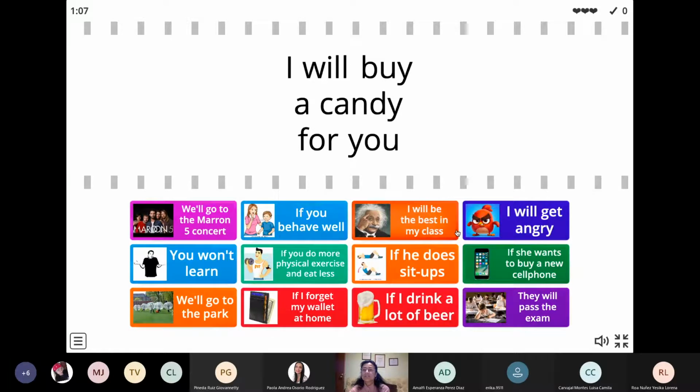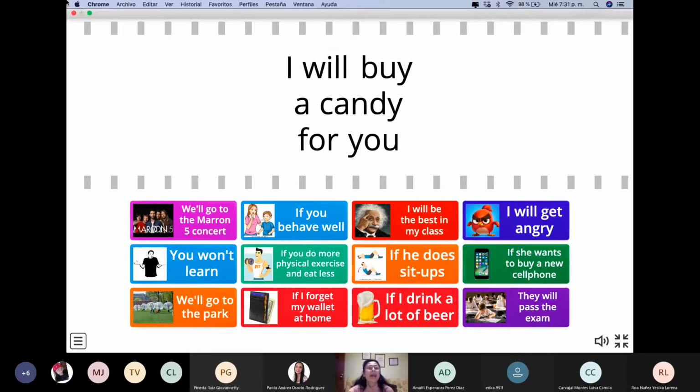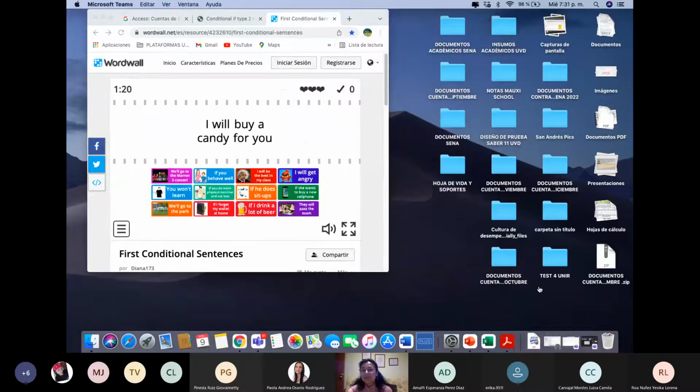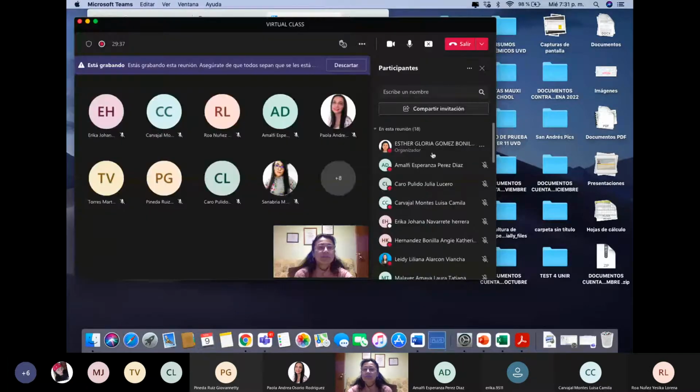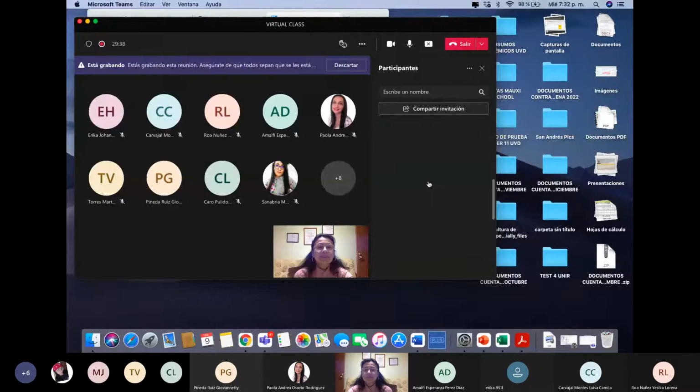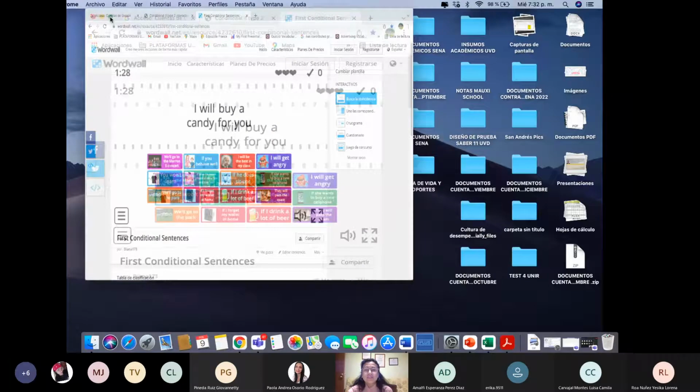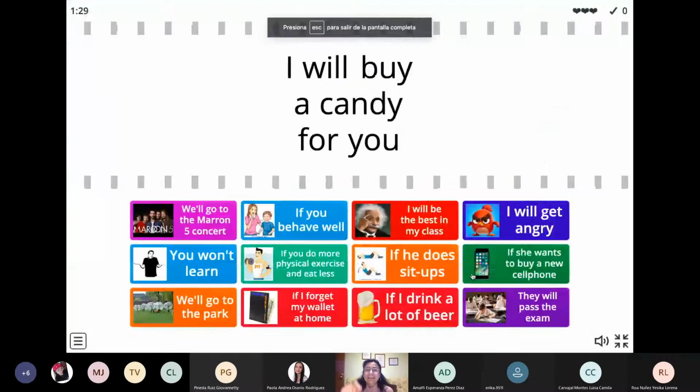Remember that you need to look for if. En esta oración, precioso, no está el if. Entonces, como no está el if, debemos buscar la oración que tenga if. ¿Sí, Giovanni? ¿Me hago entender, precioso? Tenemos que buscar el if.